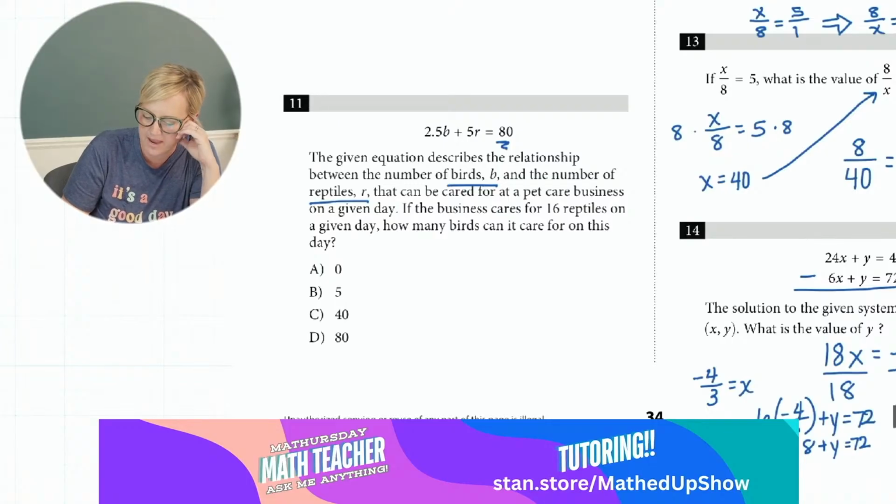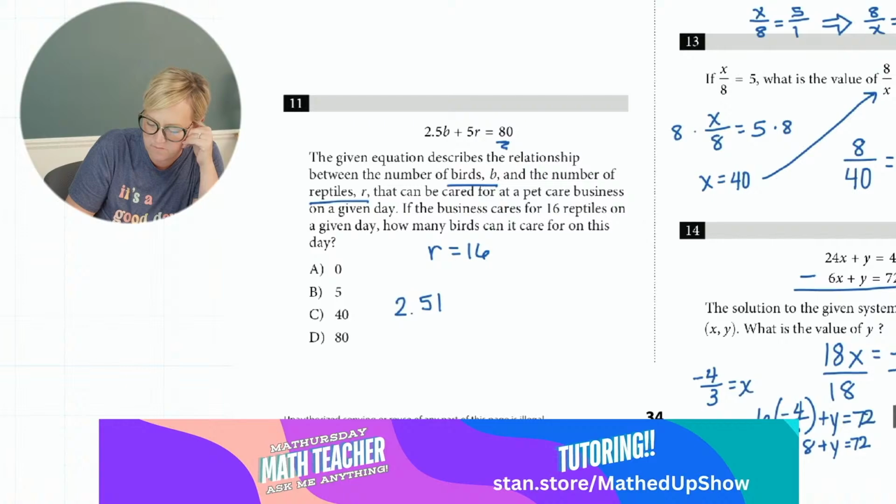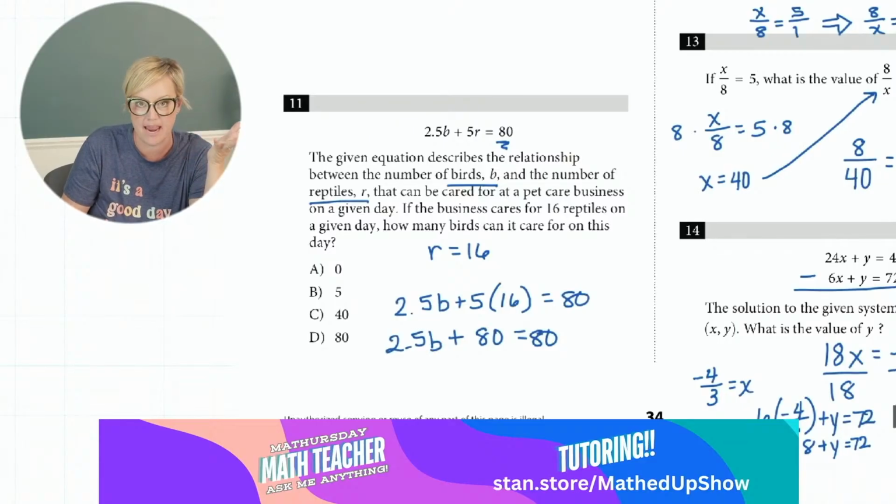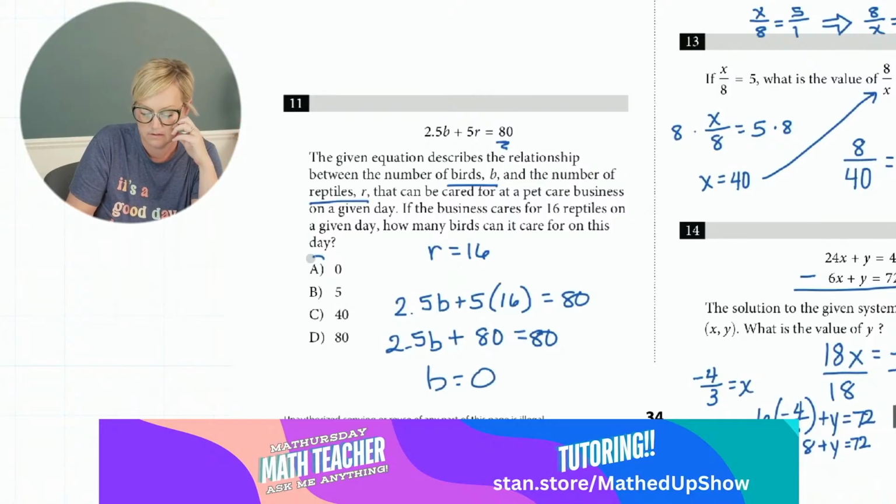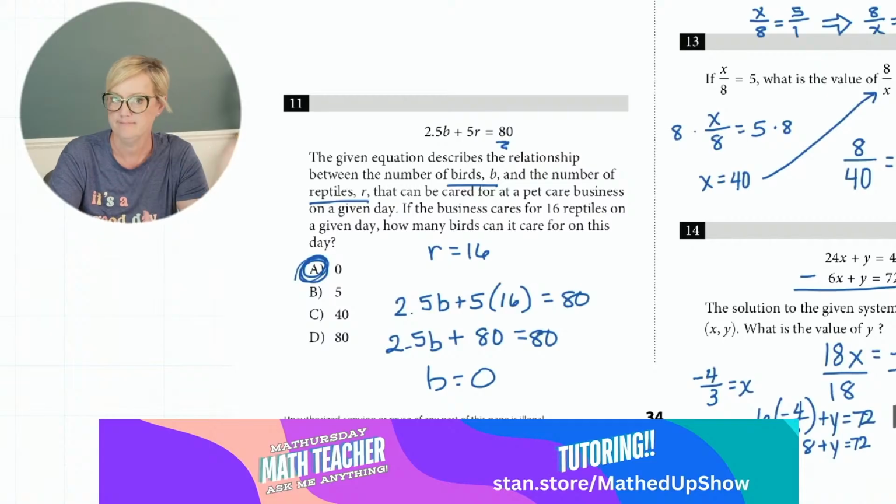So if I care for 16 reptiles, I'm looking at this equation when R is 16. So 2.5b plus 5 times 16 equals 80. Well, 5 times 16 is 80. So 2.5b can't add anything to 80 to make it 80, so b has to be 0. So that's going to be A. Ta-da!